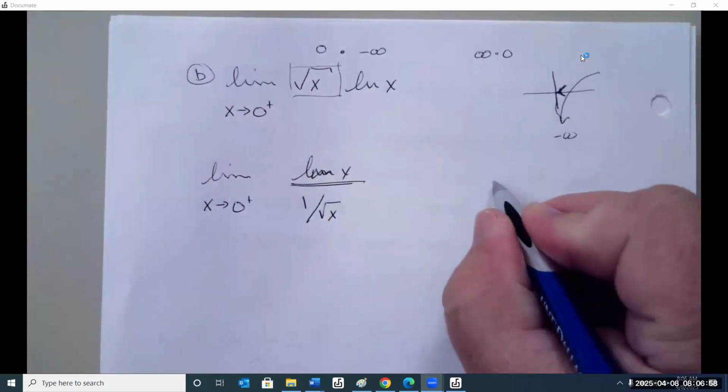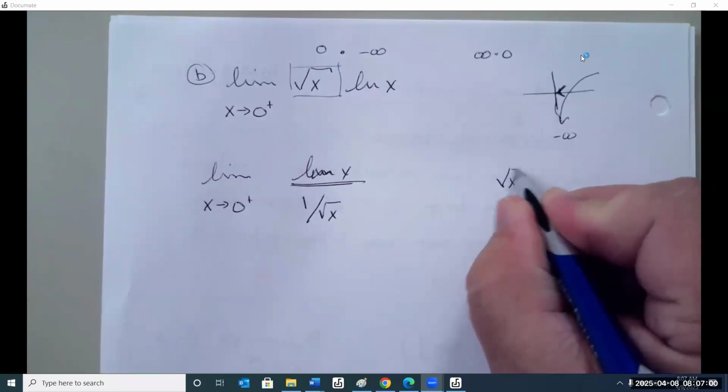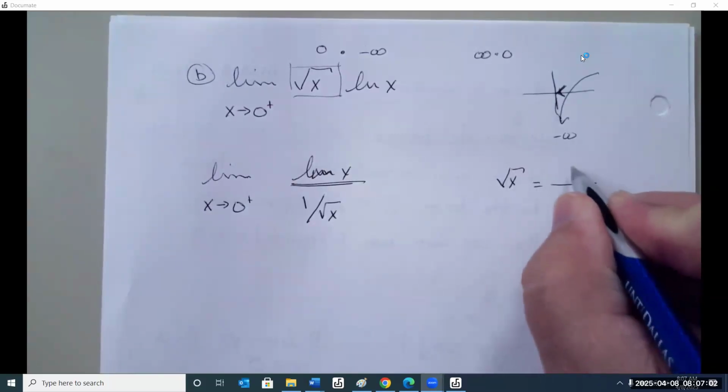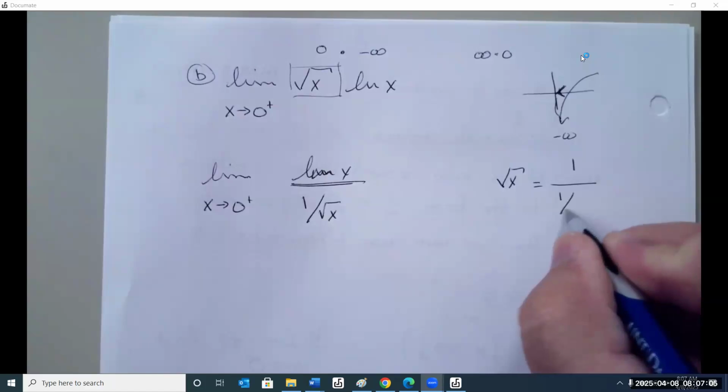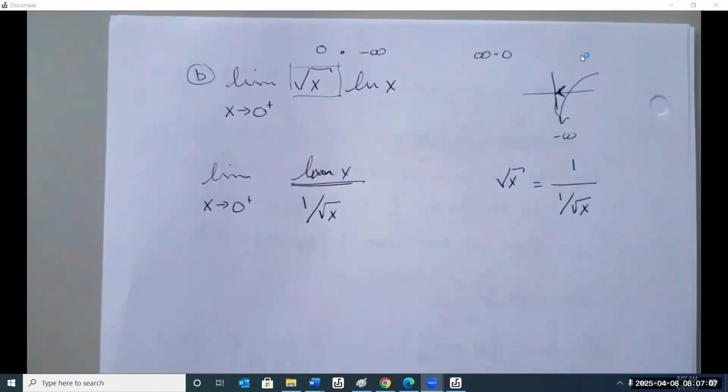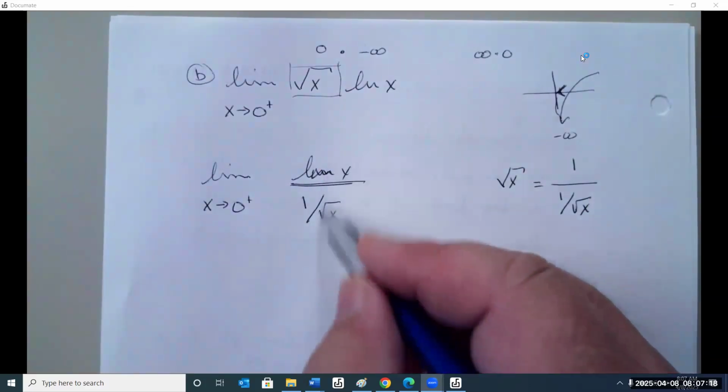Because square root of x is equal to 1 over 1 over square root of x. Now we're of the form of a rational.